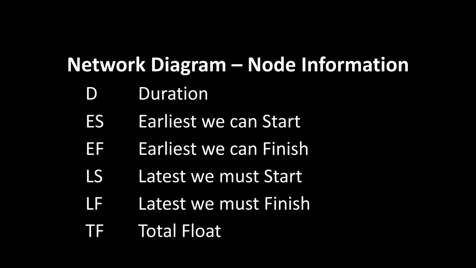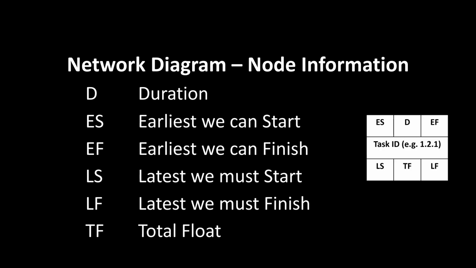To capture all of that information, APM use a handy little box like this. You can see there's abbreviations in there. We're going to write the name of our task or our work package ID across the middle, and then top left, we're going to write a number that dictates the earliest start of our task, the duration, how long this task is going to take, and the earliest we could possibly finish this task based on when it starts and how long it takes.